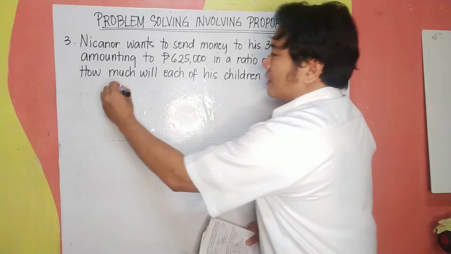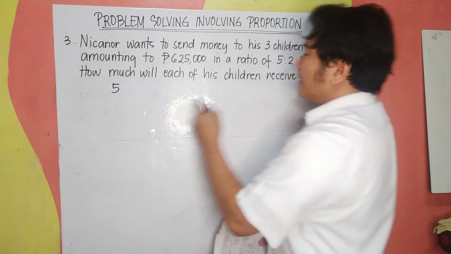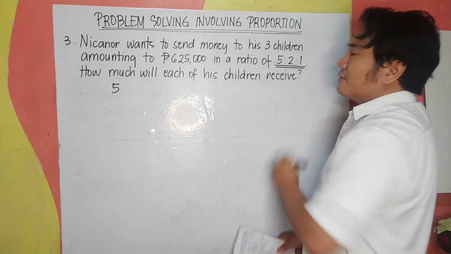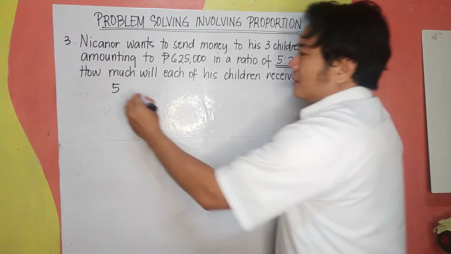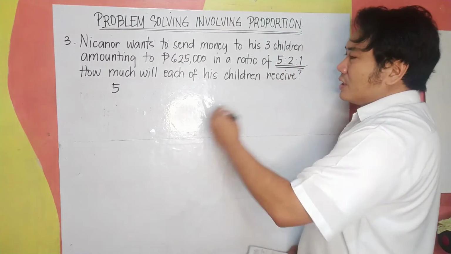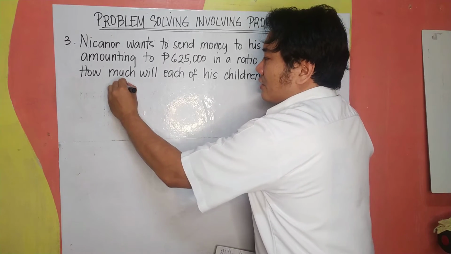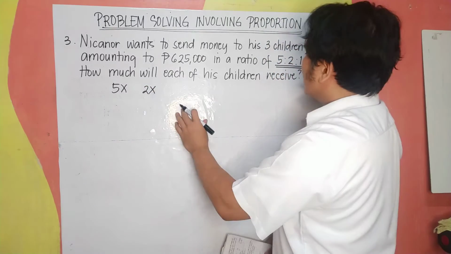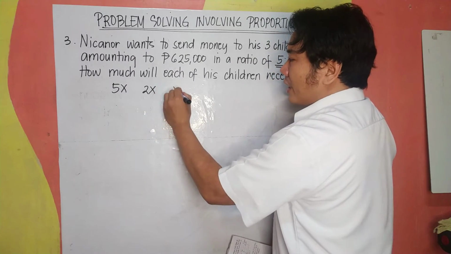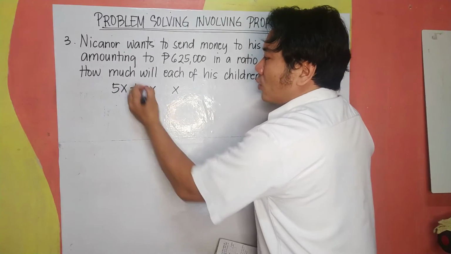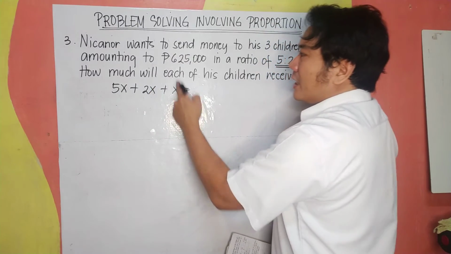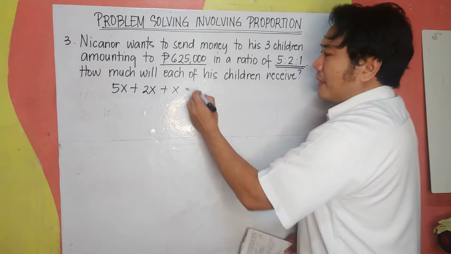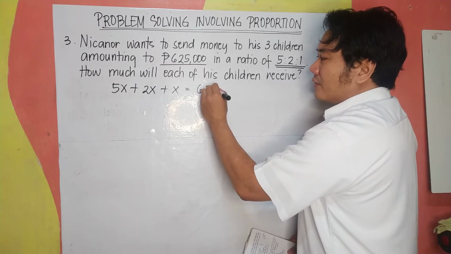Paano yon? The ratio is 5:2:1. We're going to add x to each of the ratio. 5x, 2x, and then you have 1x or x, and then we're going to add them, equate it to the total amount of 625,000.